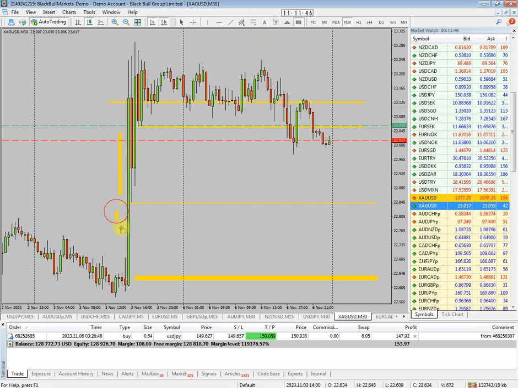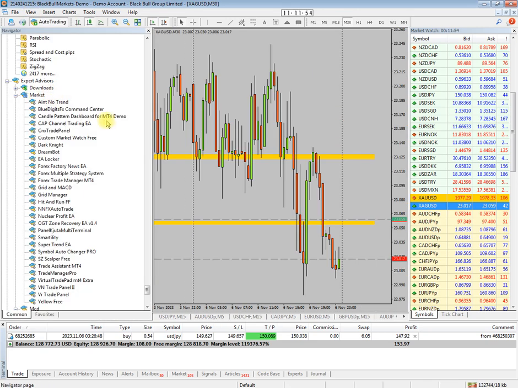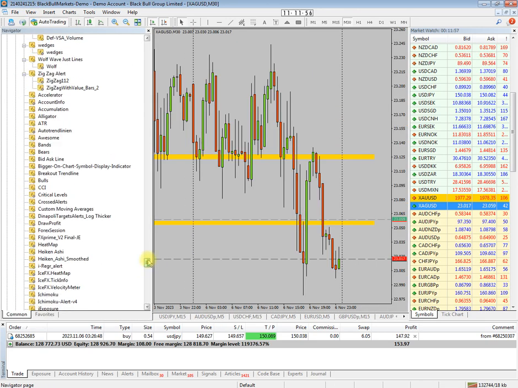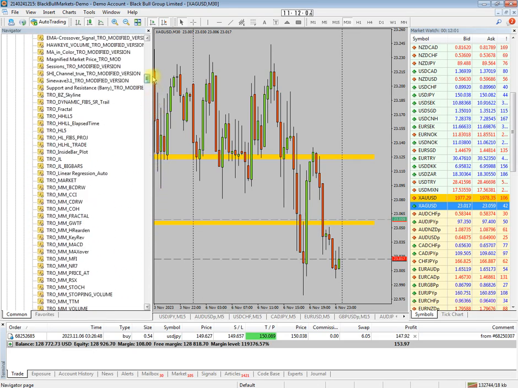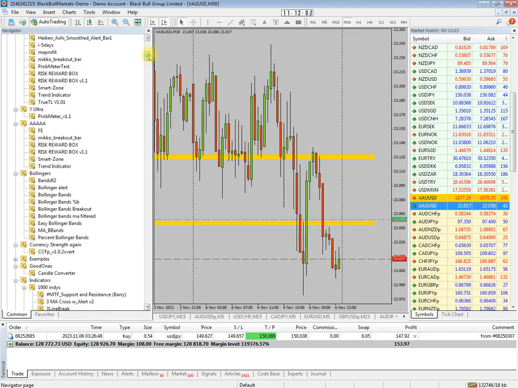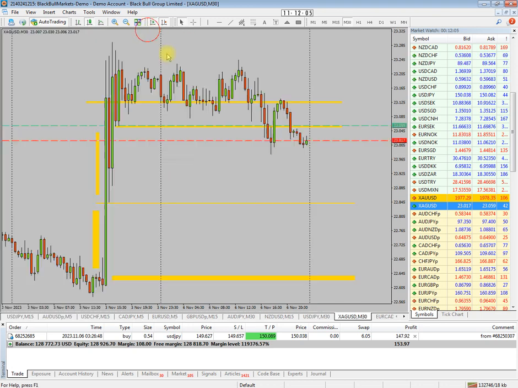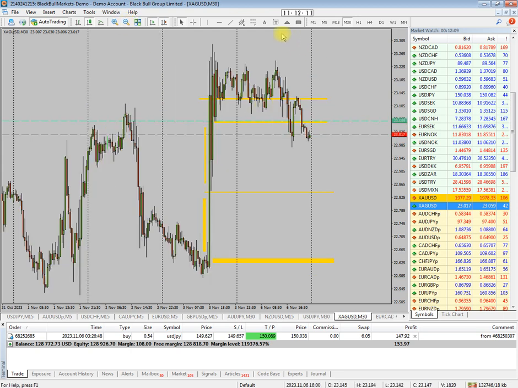I don't have KT volume profile on here, and this terminal does not accept any more indicators. I've got quite a lot of indicators on here, and it won't take any more, which is very annoying. Another thing you have to put up with in Forex trading. So this is what I am thinking.